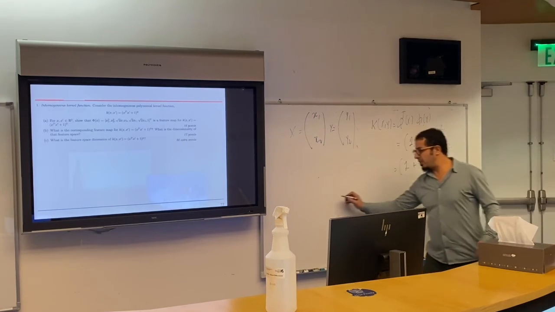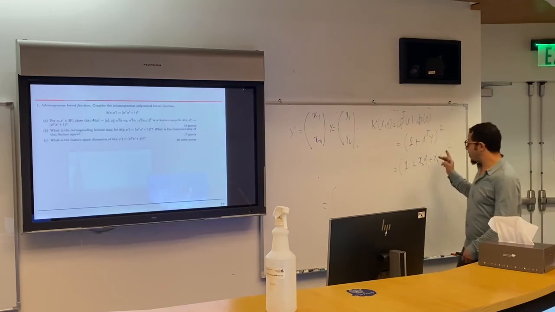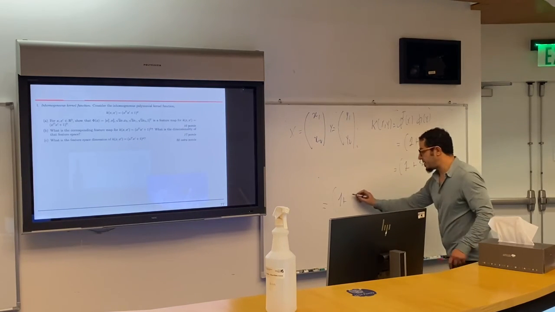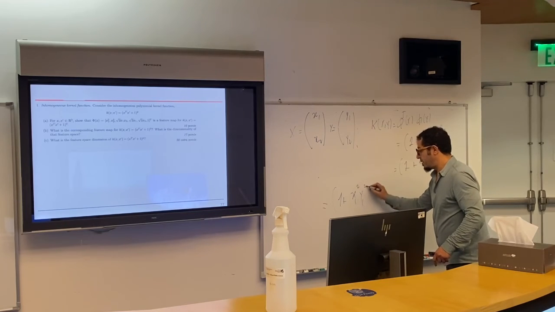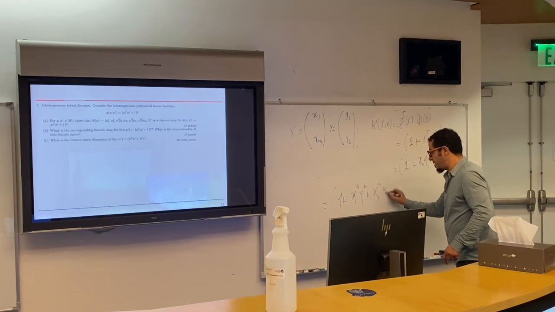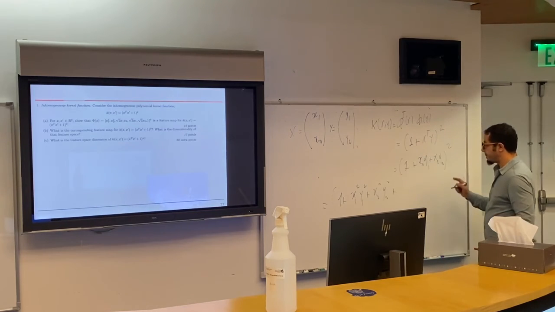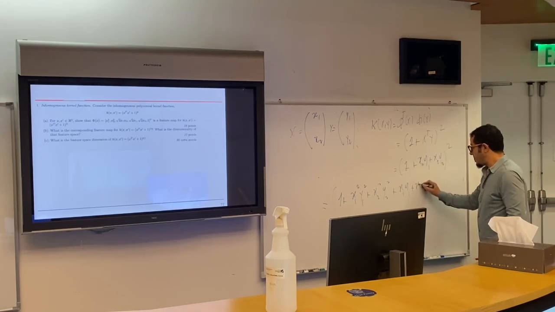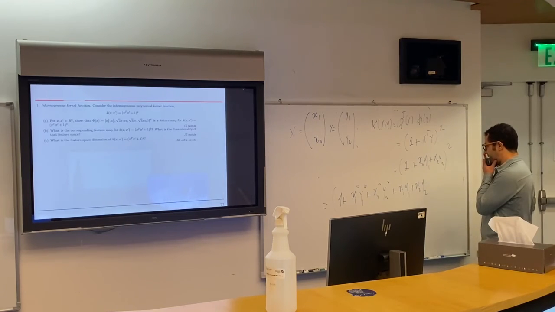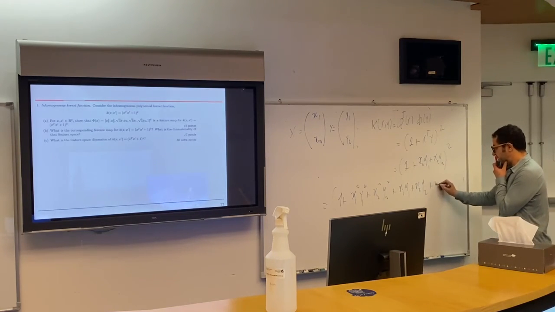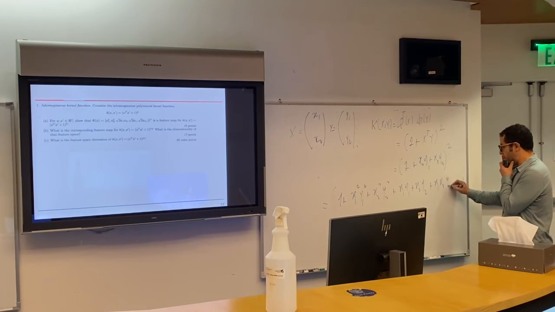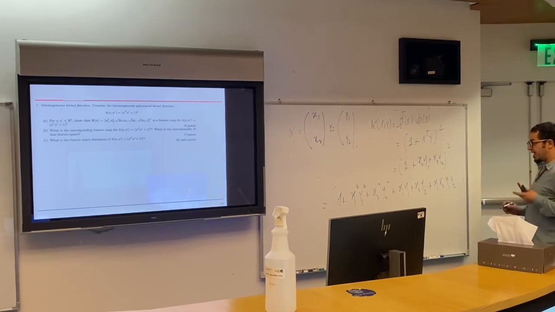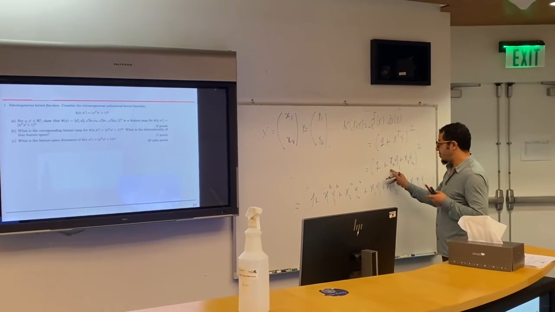Please, can you help me to do the decomposition of this, the power 2? 1 squared, plus x1 squared y1 squared, plus x2 squared y2 squared, plus 2 times 1 times x1 y1, plus 2 times 1 times x2 y2, plus 2 times x1 x2 y1 y2. There is a 2 here, right? Yes.